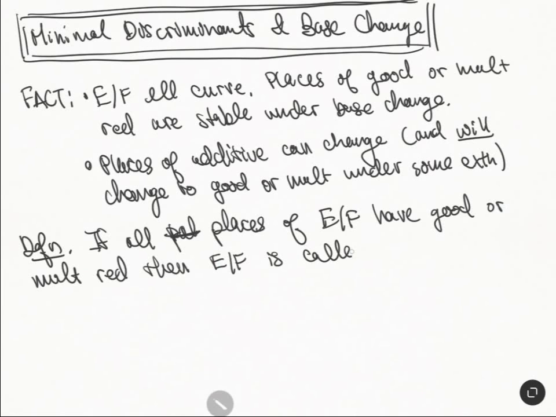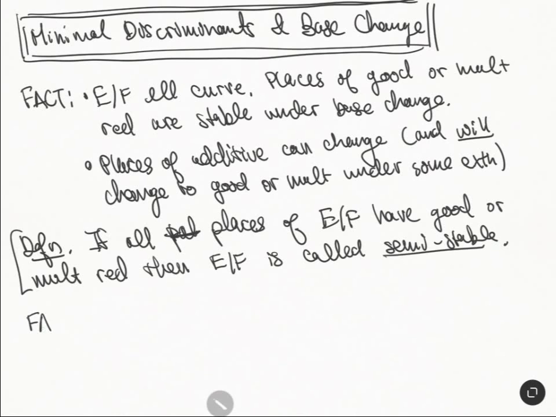It's called semi-stable because when you base change, the type of reduction does not change.